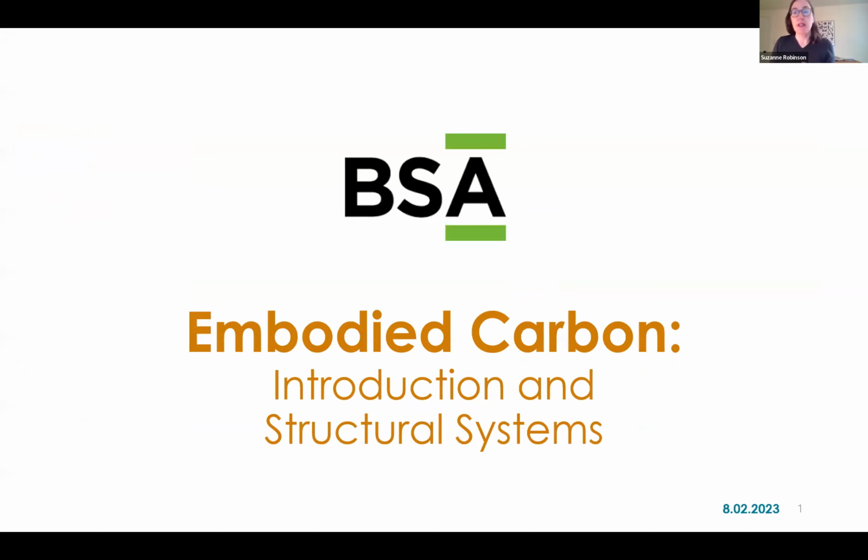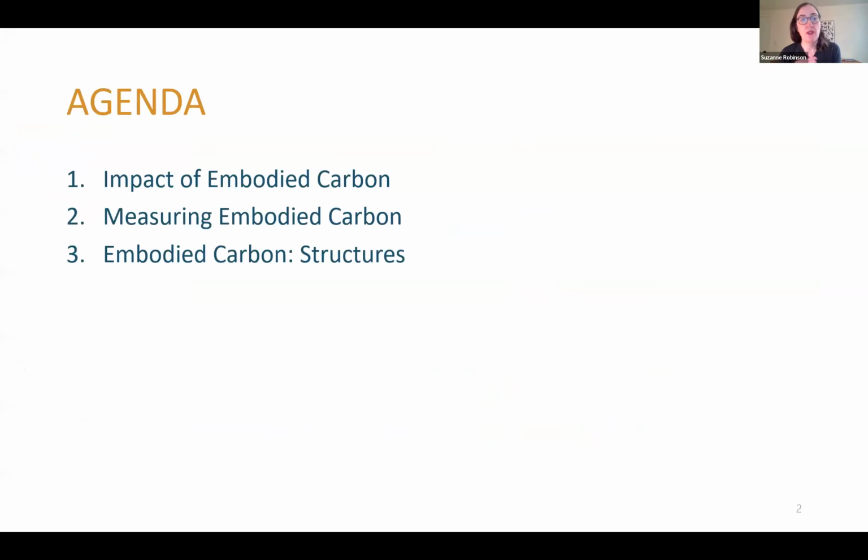So for the embodied carbon, I'll run through some basic overview information, specifically around embodied carbon, the impact of embodied carbon, how we measure embodied carbon, and then do a deeper dive in this section on embodied carbon in the structures, the work that the structural engineers do.